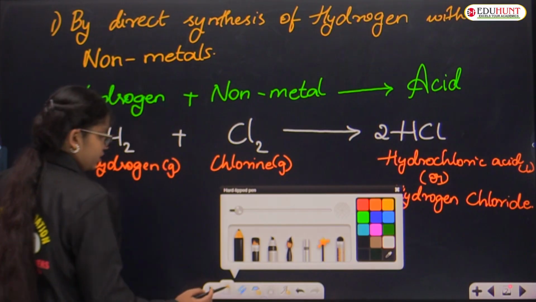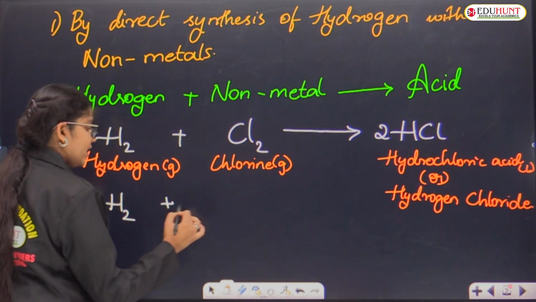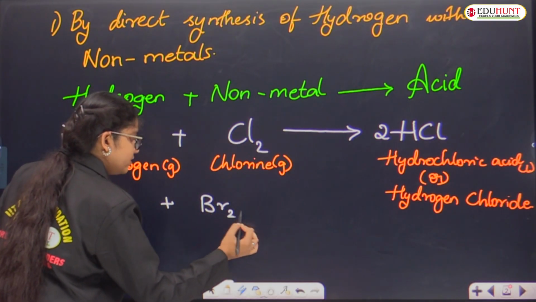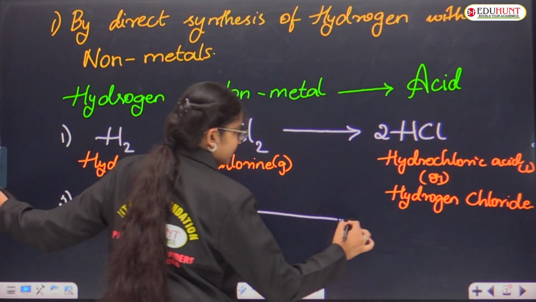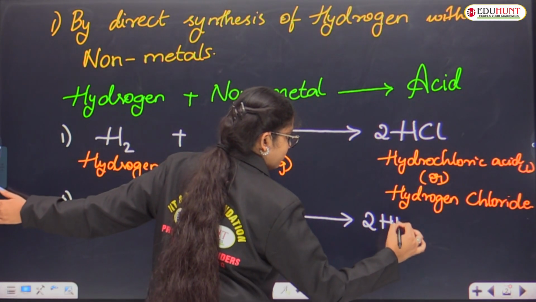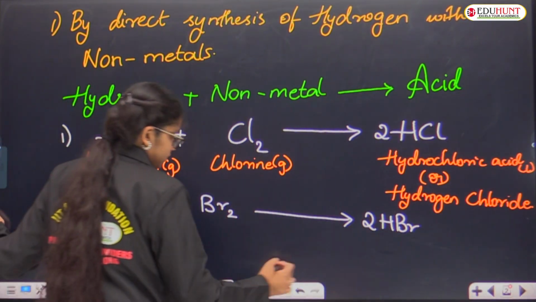Similar examples for you. One more example I want to give you. You know bromine. When I write H2 plus Br2, you know what happens? Yes, very good, 2HBr. Shall I write the names again here?